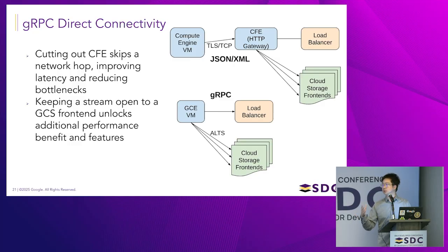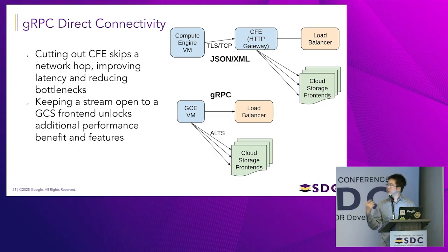I'll talk about some of the advantages that we're able to get from this later on. But at the same time, by moving some of the load balancing machinery into the client, and with ALTS, we are able to have the VM directly communicate with the specific cloud storage front end that the data may be on.